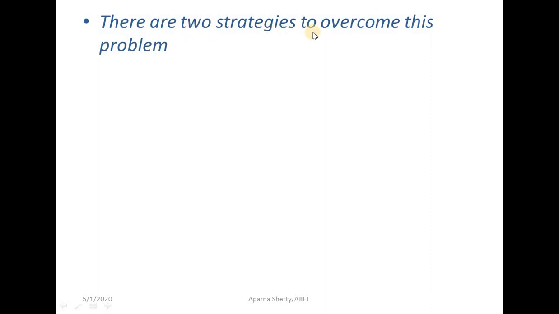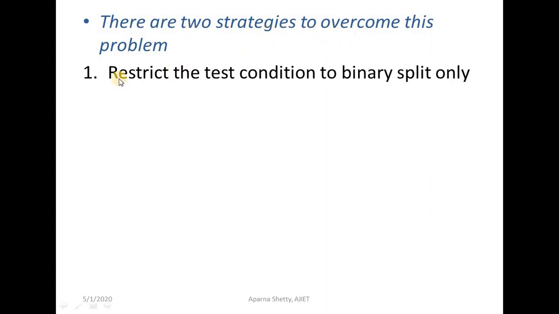So there are two strategies to overcome this problem. First strategy is to restrict the test condition to binary split only. Everyone knows what a binary split is, right? Binary split means only 2 outcomes. The test condition will have only 2 outcomes. So you have to restrict the test condition to binary split only.